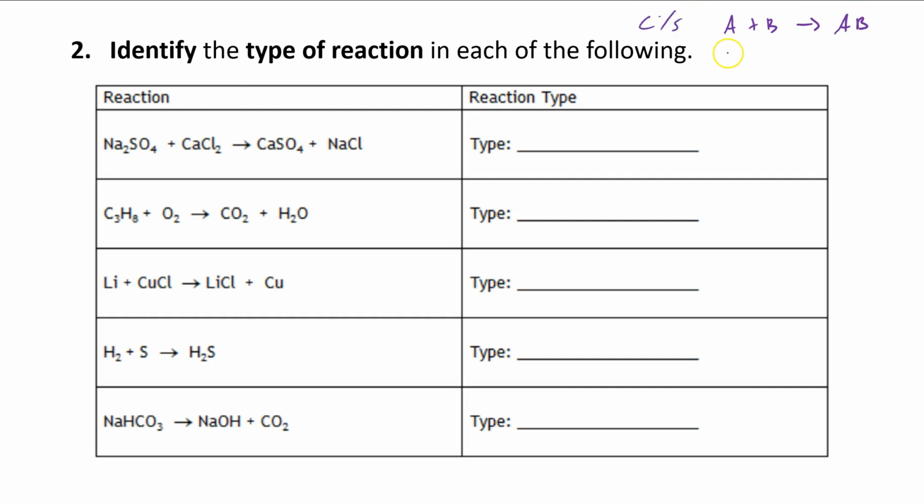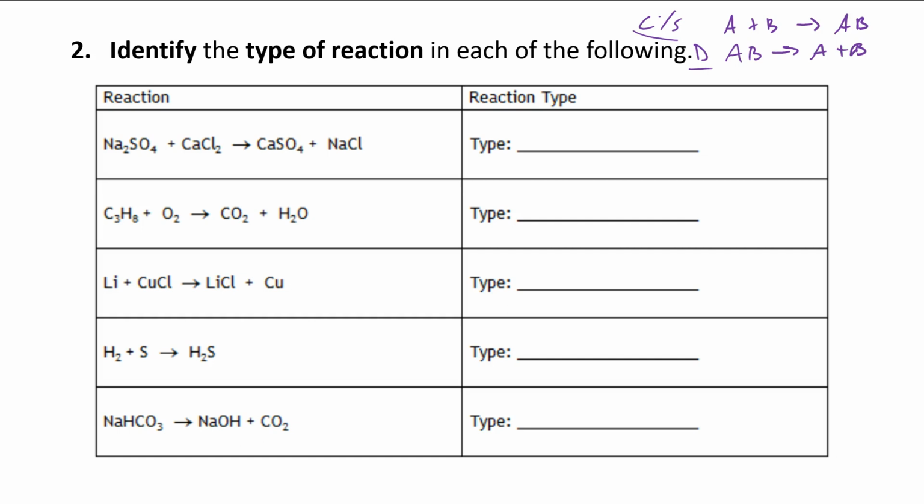We've got AB yields A plus B, right, which would be our decomposition. All right, so again, all we're looking for is what do we start with, what do we end up with, and how are the materials reconfigured on that product side, right, or predicting.